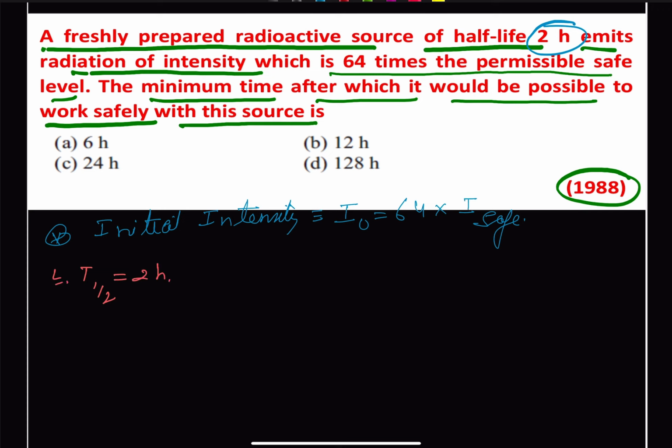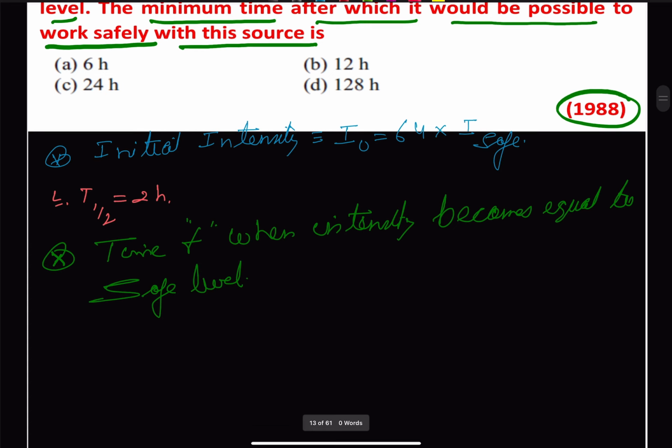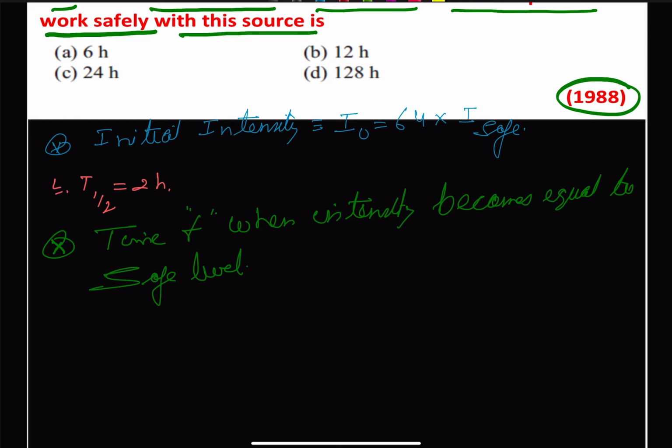So now we are going to find out the time t at which the intensity becomes equal to the safe level, and for that we can use the formula that I of t is equal to I naught times half raised to t upon t half, and this will be equal to our I safe.